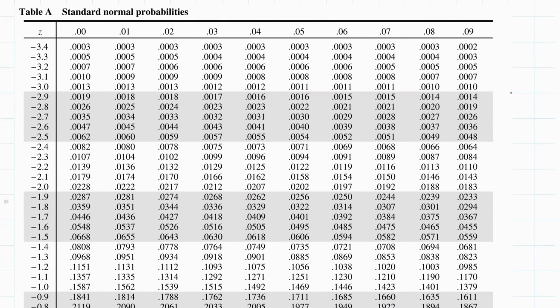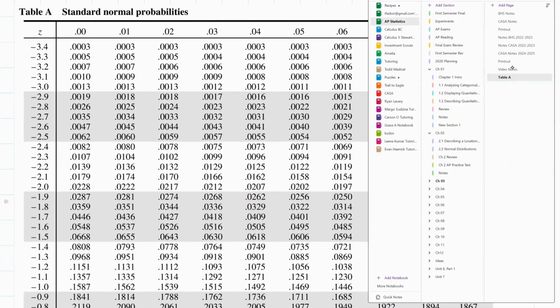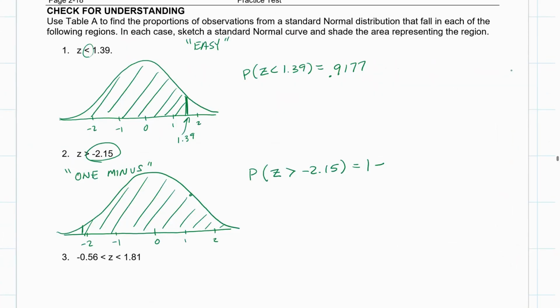So it looks like that number is 0.0158. And if I subtract those two, I get a 2, a 4, an 8, and a 9.